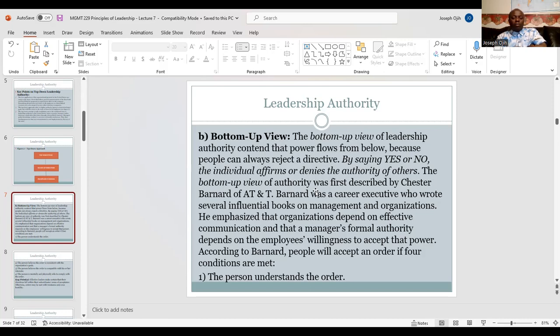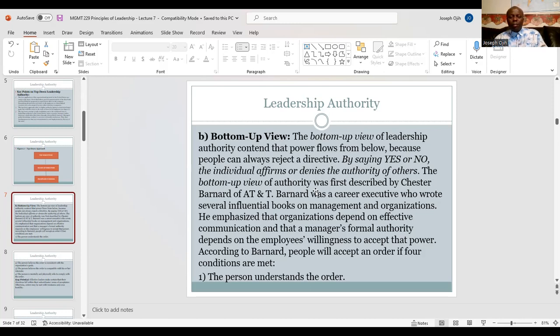Let's look at some of the people that have used this view successfully. I'm giving you an example of two groups, the Amazon union and the American Federation of Teachers. Now, I want to show you the person that first described this view.